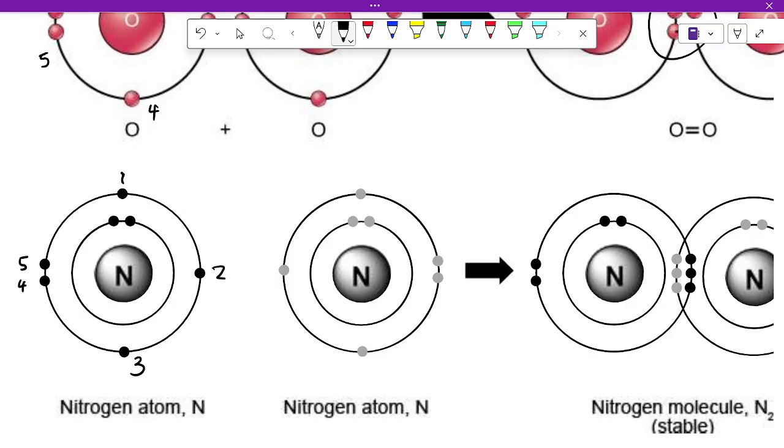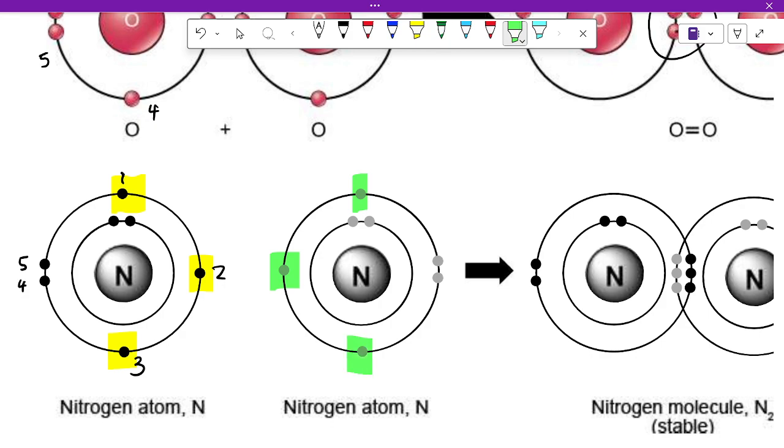And you can see that there are 3 of them that don't have a partner. This one doesn't have a partner. This one doesn't have a partner. This one doesn't have a partner. 1, 2, 3. So they're all going to pair up. Okay?